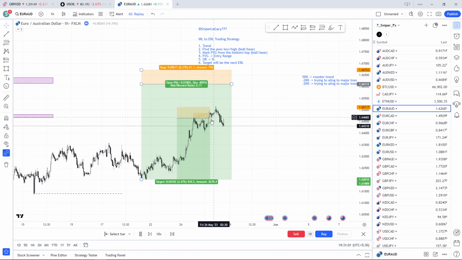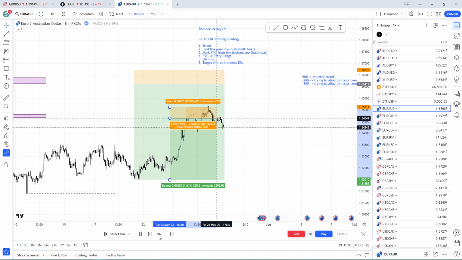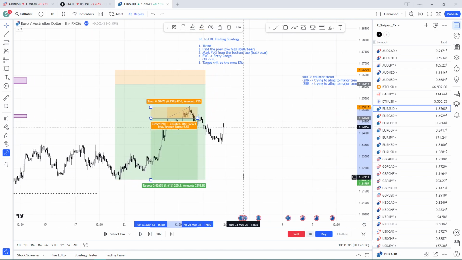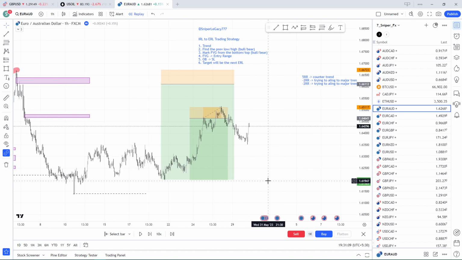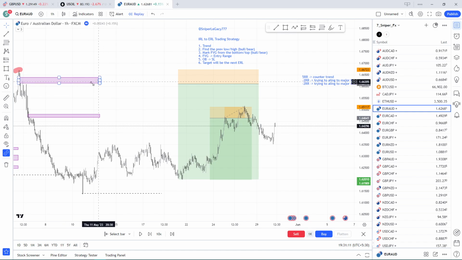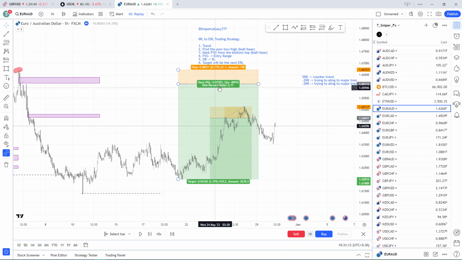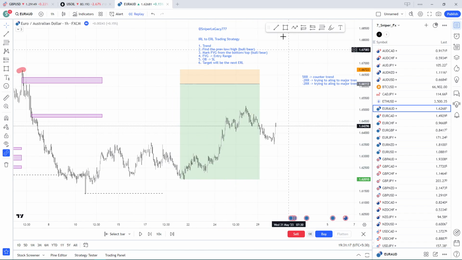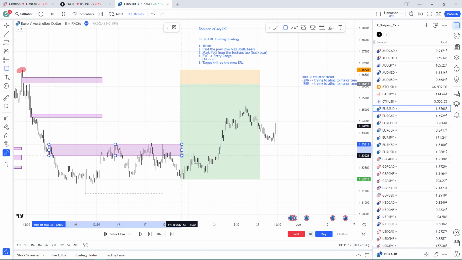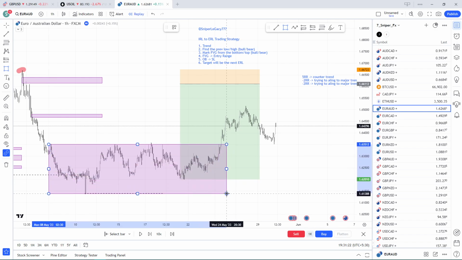Okay, I think we have an SL. I will stop here for a moment, and we can also see how I was waiting for a major trend. You see, this box is an accumulation box.